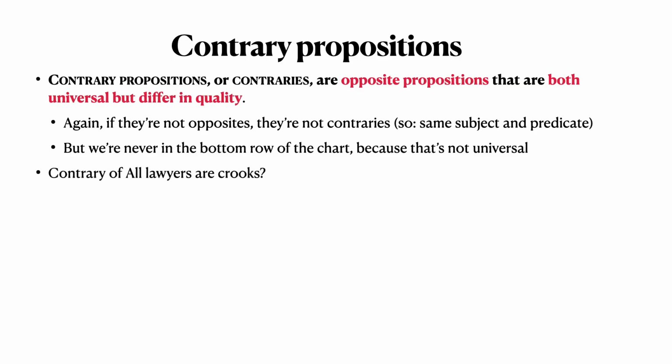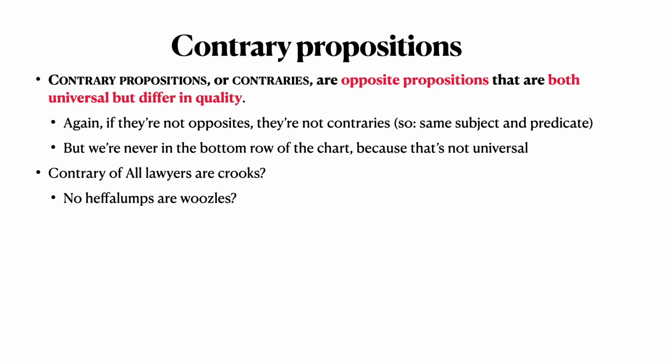So, contrary of "All lawyers are crooks": change the quality. "All lawyers are crooks" is an A proposition. If we change the quality, we get an E proposition. And therefore, "No lawyers are crooks" is the contrary of "All lawyers are crooks." What about "No heffalumps are woozles"? Well, that's the E proposition. Let's change the quality.